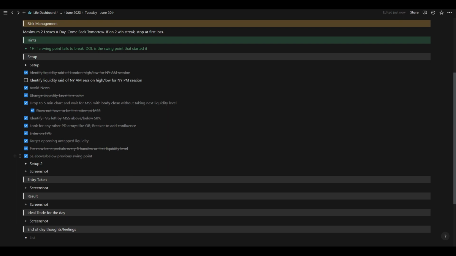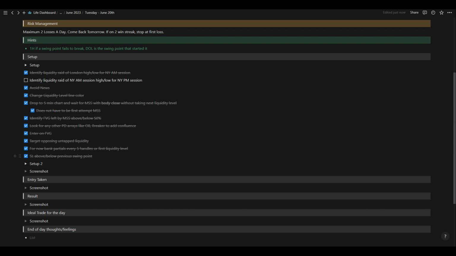But if you see here, these are my actual executions. I did enter right here on this first, well, it was a little bit after this first touch, and I actually chickened out. I think it was a quarter tick drawdown. I closed it out.